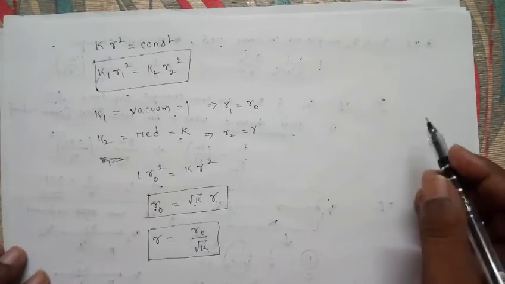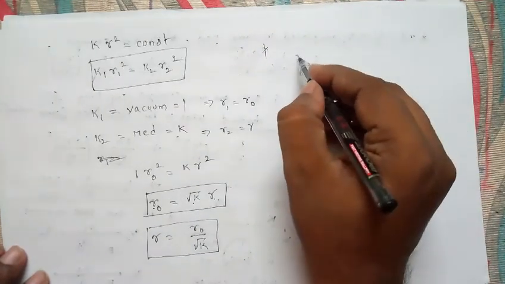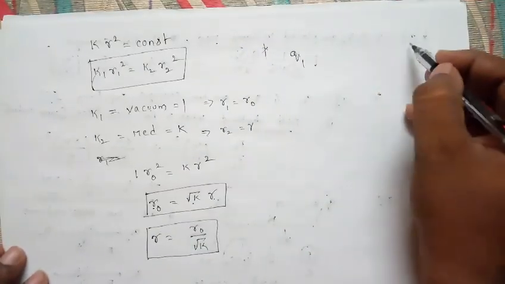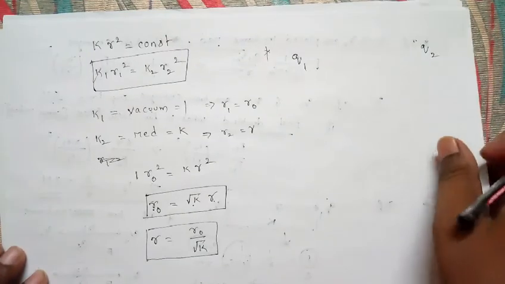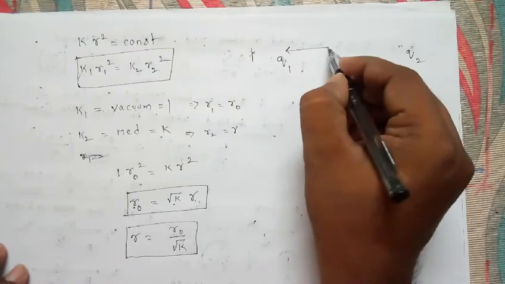Okay, now we'll take an example where it is useful to us. Here charge q1 and charge q2 are the two charges present, and the separation between them is r.